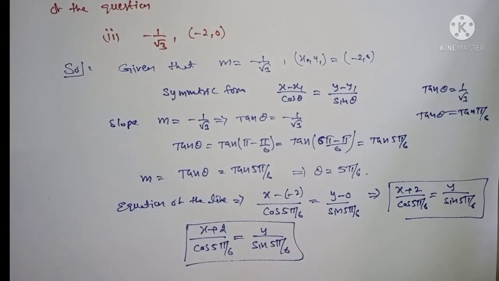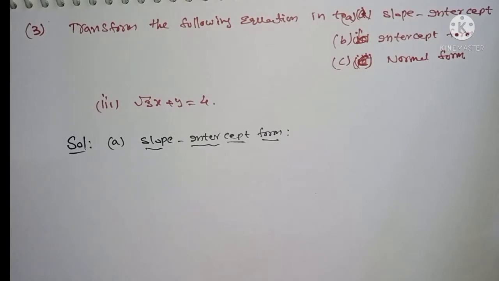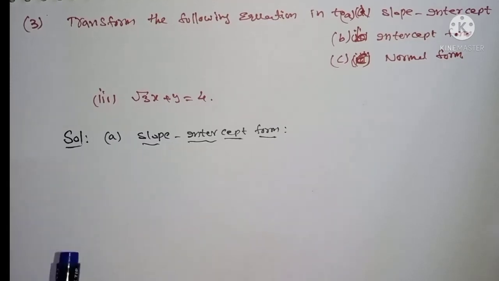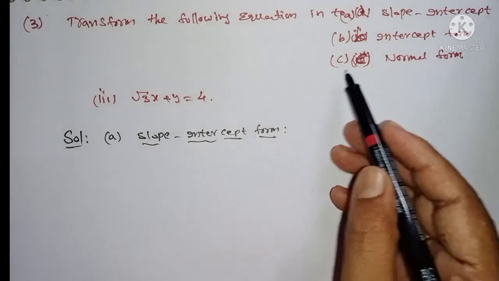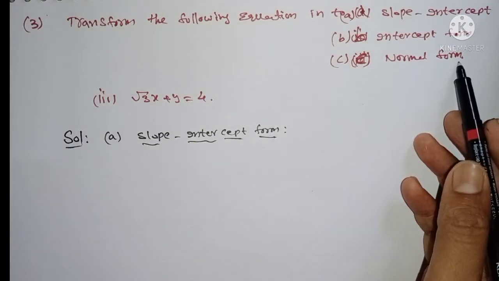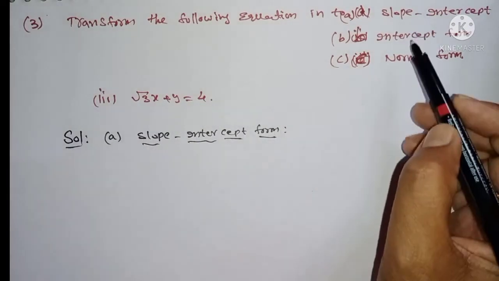Next question. This question is also done in the solved problems, but I will explain once again. Transform the following equation into three types: A is slope intercept form, B is intercept form, and C is normal form. You have to change one equation into the three forms.